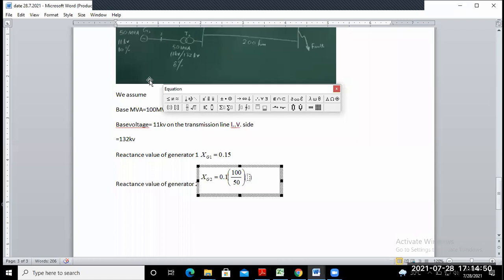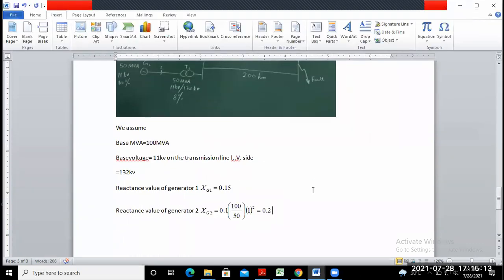Kilovolt old is 11 kilovolt and new is also 11 kilovolt, so 11 by 11 cancels out, you can simply say 1, and the whole square is 1. So that is nothing but 0.2. This is changed.